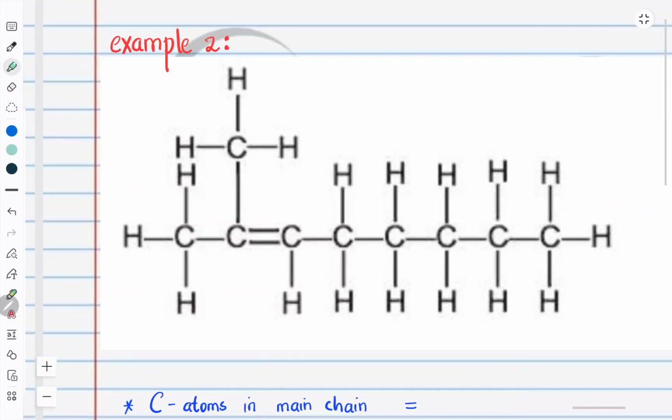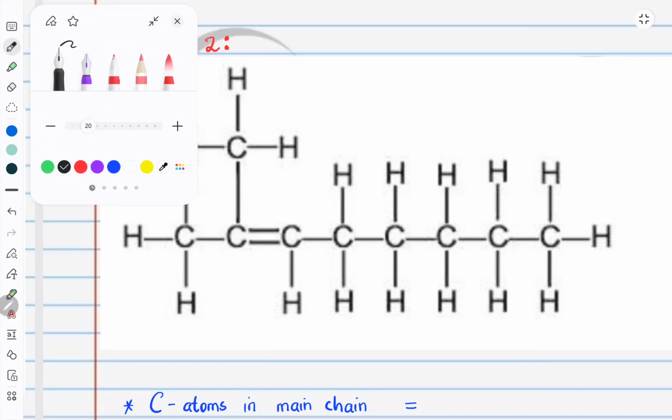So let's count, or let's find the longest continuous carbon chain. 1, 2, 3, 4, 5, 6, 7, 8. That's chain number 1. 1, 2, 3, 4, 5, 6, 7, 8. That's chain number 2. And by default, I will choose the straight one because it's convenient for me. And also, I've noticed that it doesn't matter which chain I use, they both have 8 carbon atoms in them. So let me use this one.